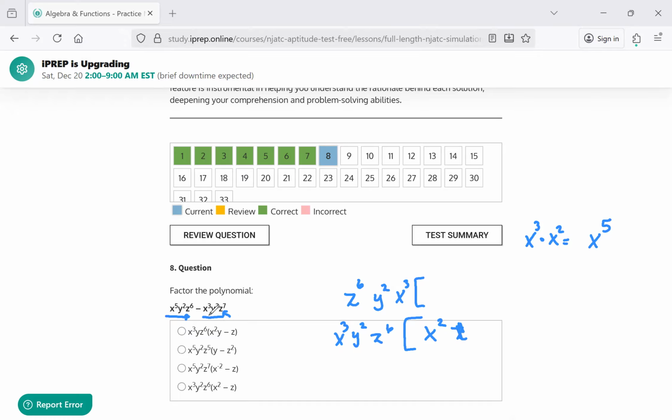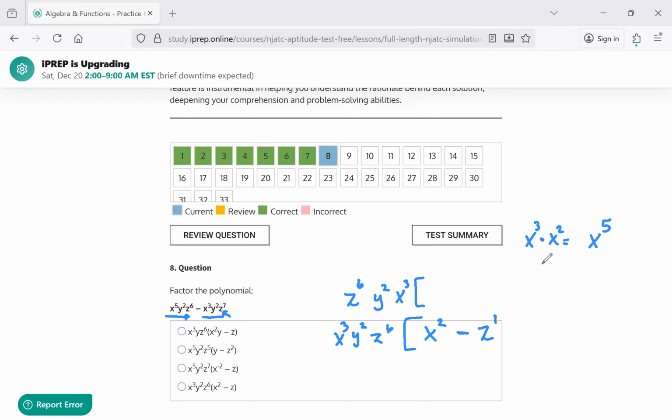Now, if you look at the second term, we need a negative x cubed, a y squared, a z^7. So it looks like we're going to need a minus, and I don't think we're going to need any more x's. I don't think we need any more y's, but we do need the z's. How much?